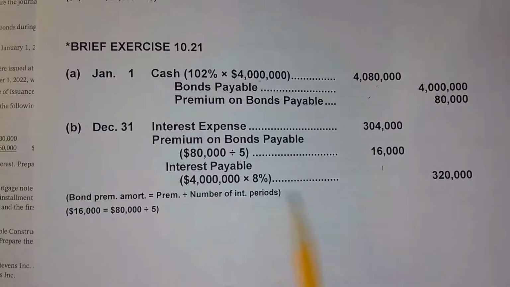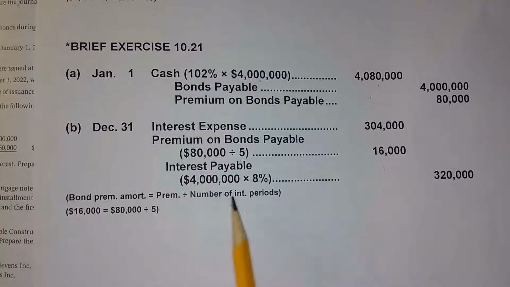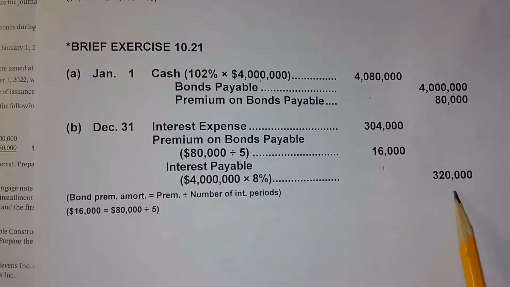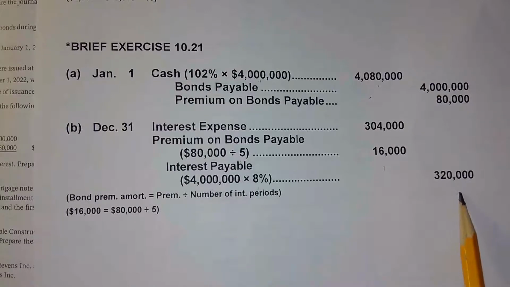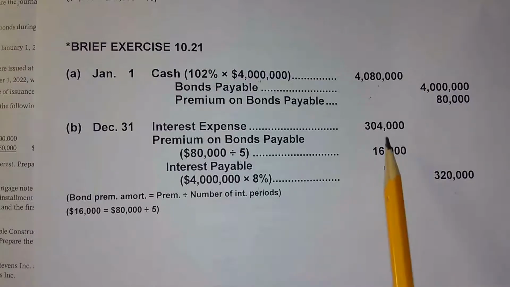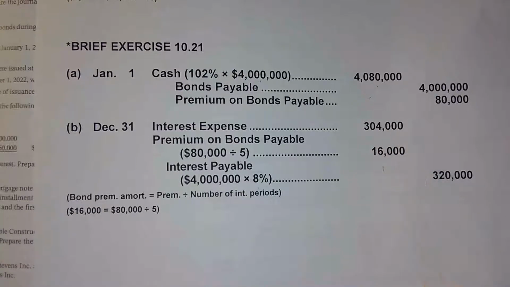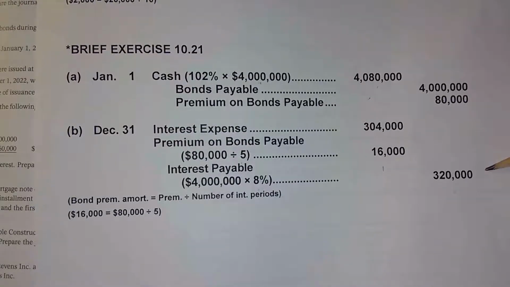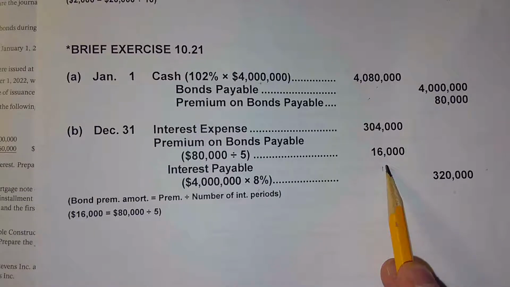The interest payable, because they're not paying it on this date, they're paying it January 1st, I'm going to credit interest payable for 320,000. It's going to be the 4 million, that's the value of the bond, times 8% gives me 320,000. How I got this interest expense of 304 is I have to take the 320, that's the interest I'm paying out, minus the amortization of the premium, which is 16,000, and that's where the 304 comes from.